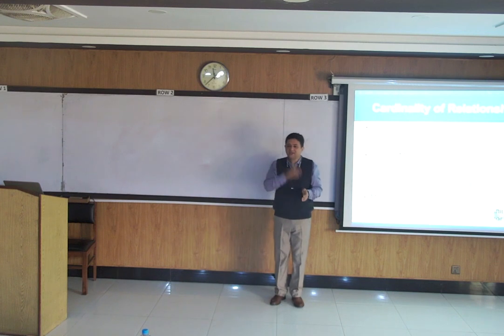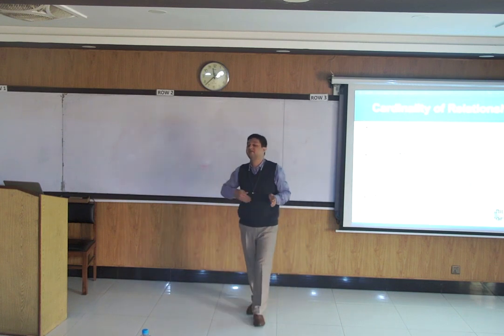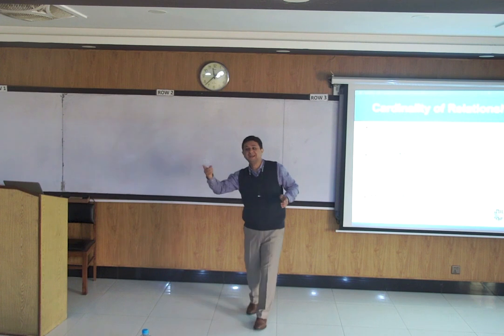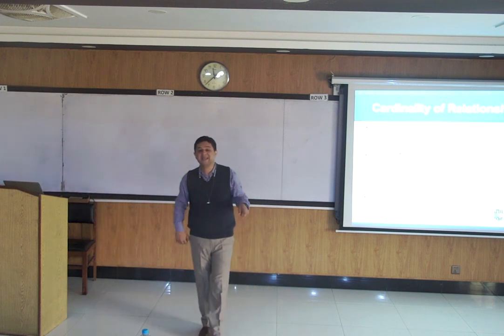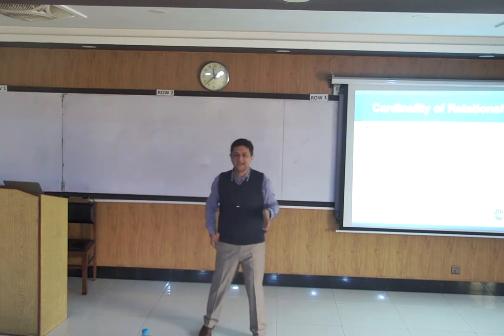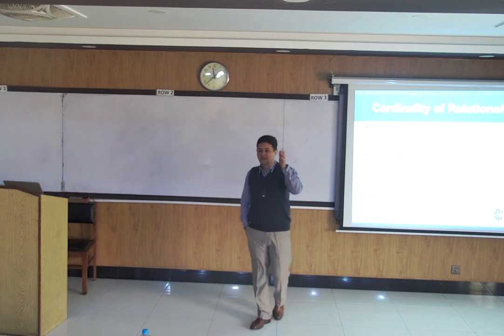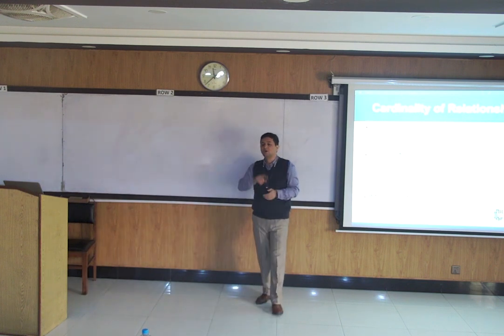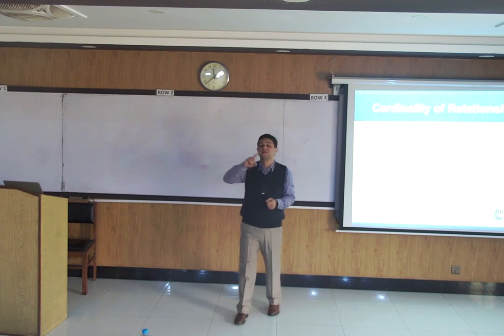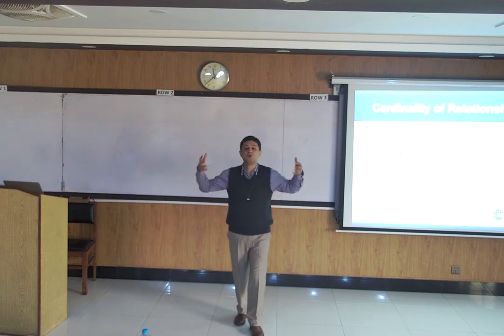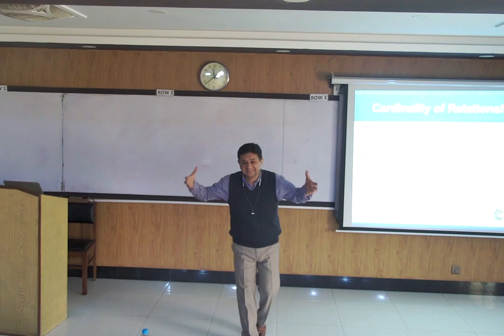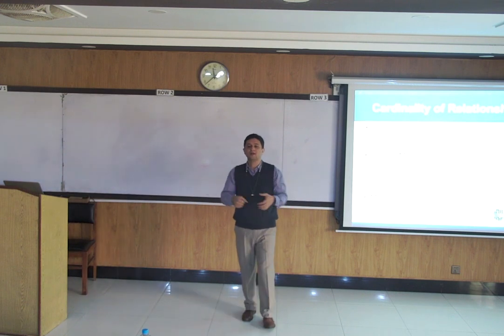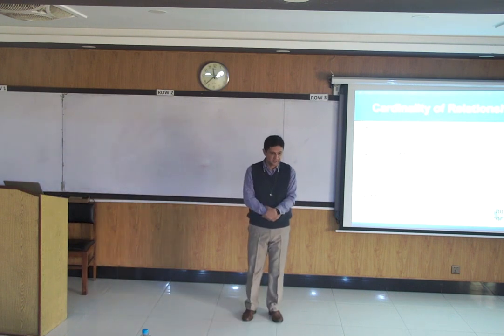Okay, and then we shall check cardinality from the other side, that how many instances of this side can have a relationship with one instance from the other side. And considering both the sides, the overall maximum cardinality is decided.